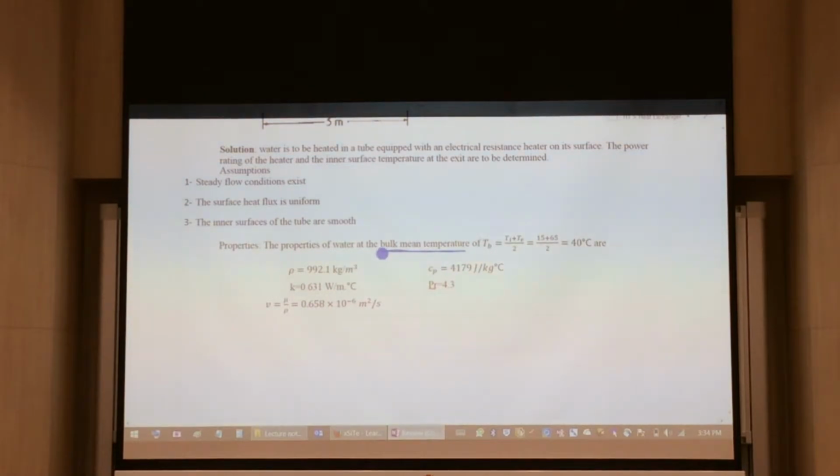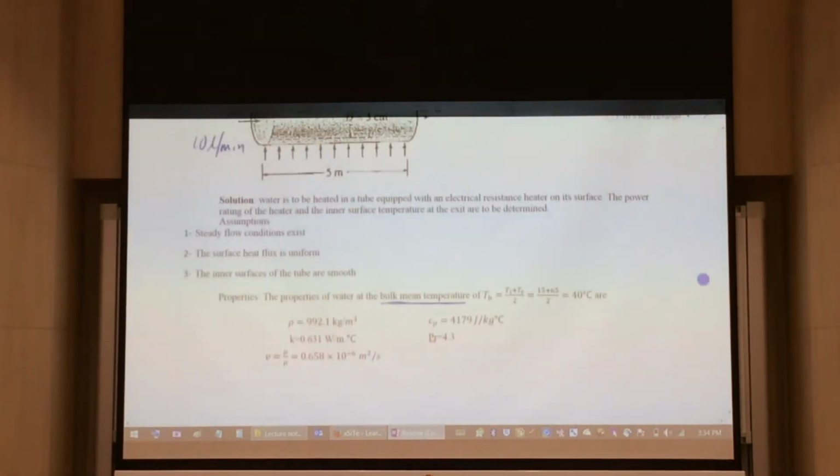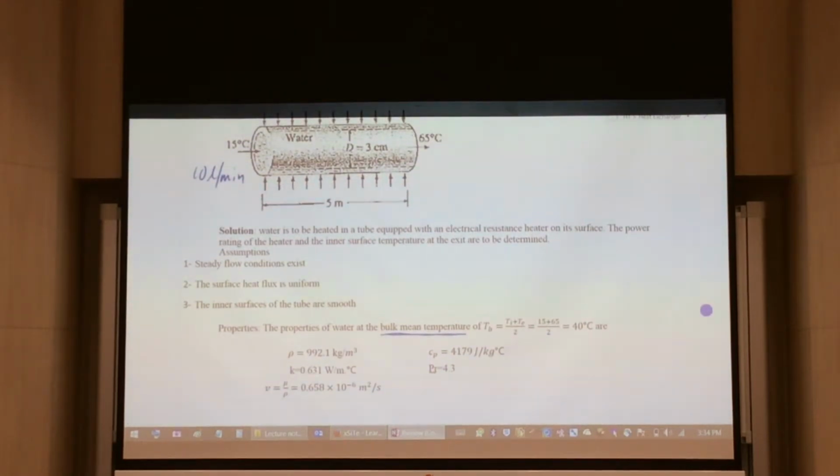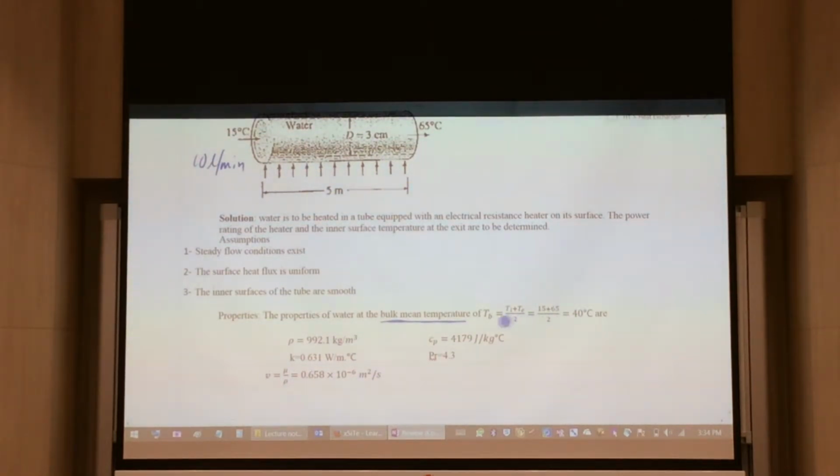So this bulk mean temperature, Tb, will be your inlet temperature plus the outlet temperature divided by 2. So that's 40 degrees Celsius. And we're going to make use of this bulk fluid temperature to figure out all the properties of the water. So the following are the properties of the water. And again, if you wonder where the properties of the water are, for Holman, that one is in Table A9.